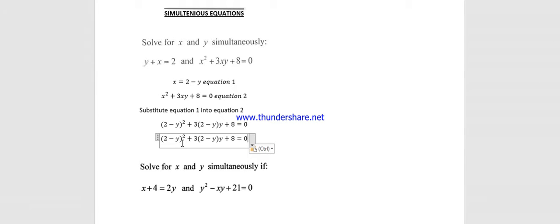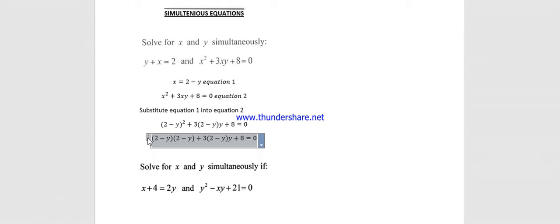Okay, let us see. So this one is going to give us y squared. Let us work it out. Here it is going to be 2 minus y into 2 minus y, right?